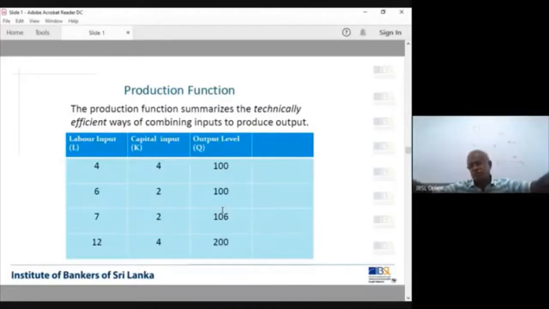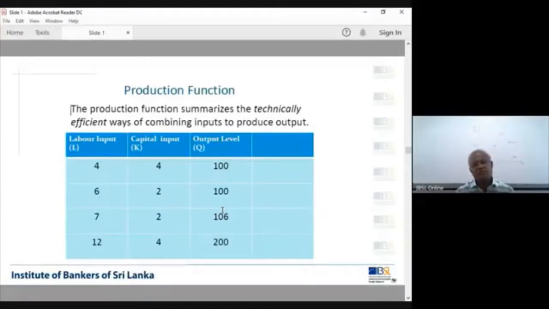Using all these inputs, factors of production, the farmer gets the output after about 3.5 months. So you transform inputs into output. If you can write this relationship as a mathematical formula, that is the production function in mathematical form.